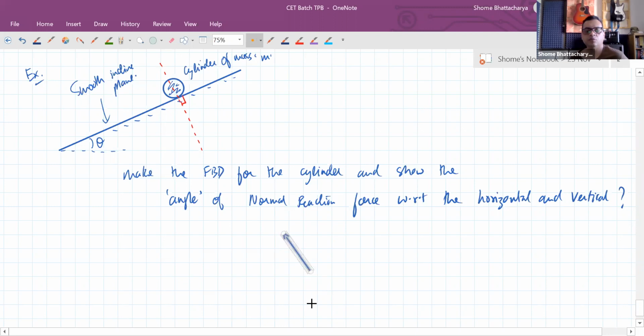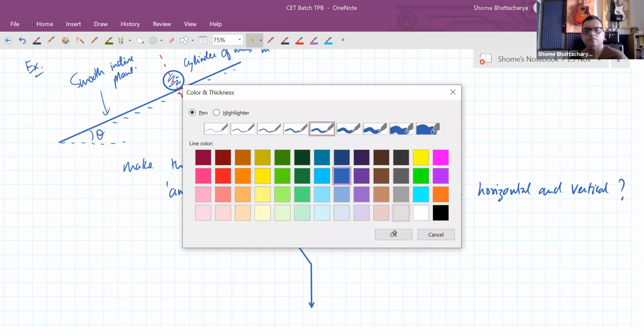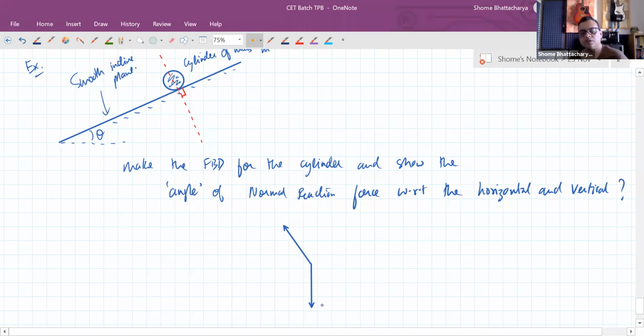One will be normal reaction, the other will be weight. Now weight is the force that will act vertically downwards, whereas normal reaction is the force that will act along this direction, which is the normal to the inclined plane.